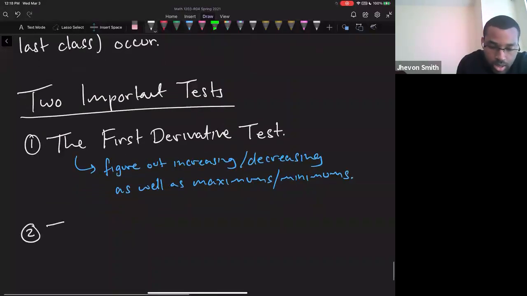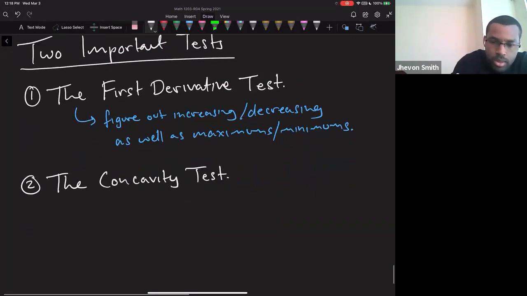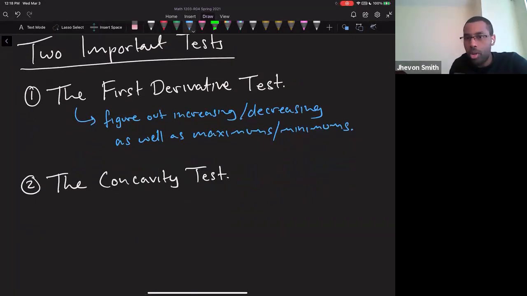The other test is called the concavity test. Now, it will be obvious to most people why you would want to know if something is increasing or decreasing or max or min, but people just seem less concerned with finding out about concavity, but it's actually really important. Hopefully my little rant earlier convinced you of this.